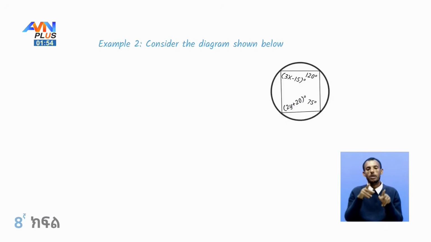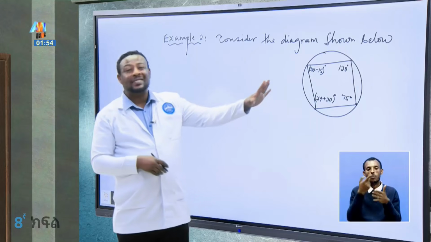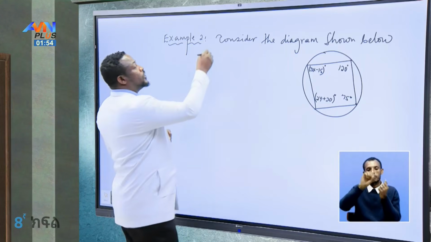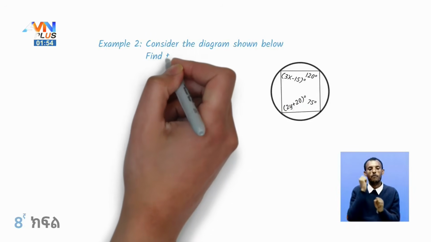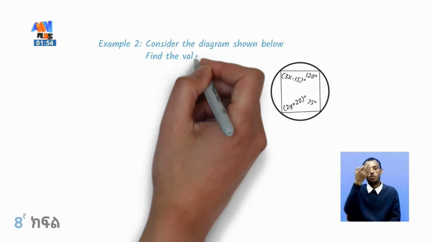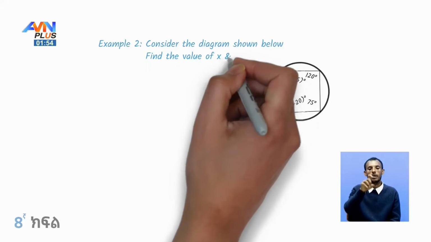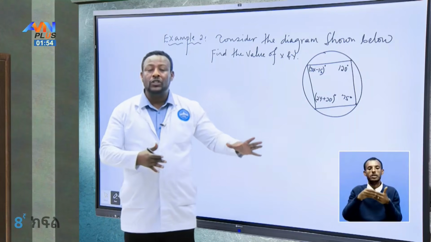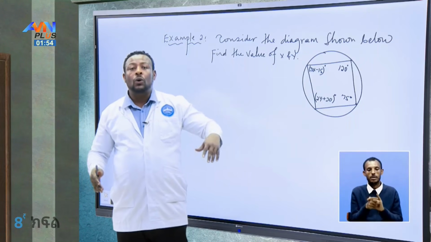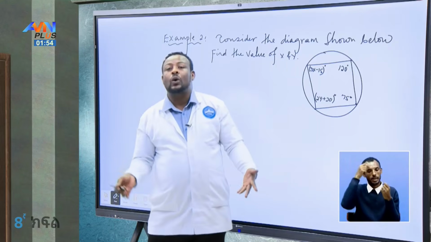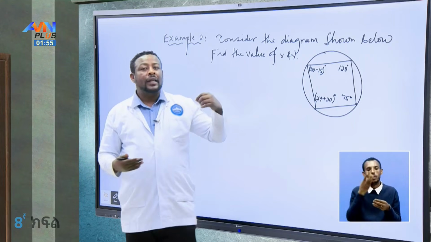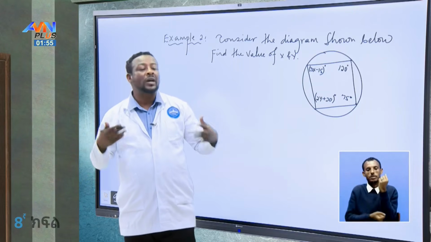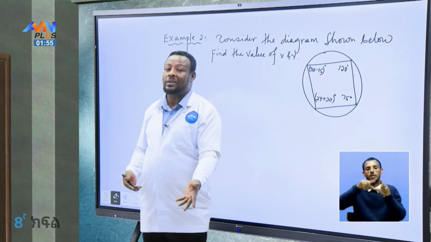Okay, in this figure, what is given? A certain circle together with a cyclic quadrilateral is given. Based on this information, find the values of x and y. Now we follow the same procedure that we used in the first example. Based on the theorem on cyclic quadrilaterals, the pairs of opposite angles form supplementary angles, or the sum of opposite angles must be 180 degrees.